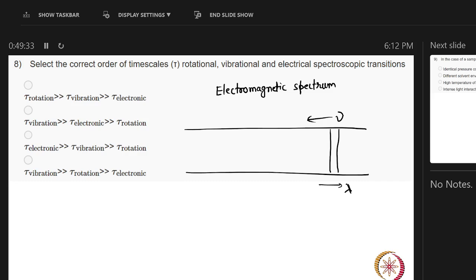I am not writing the exact range. You see this electromagnetic spectrum, and then this IR, and then this UV. So you see the range. I will write UV, this is IR infrared, and this is microwave.